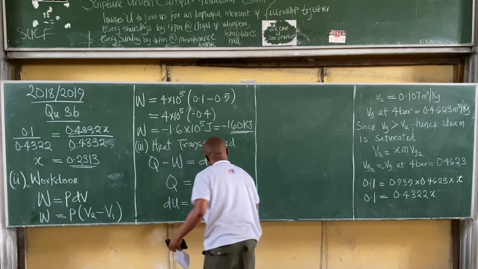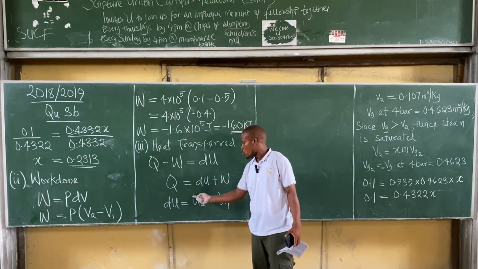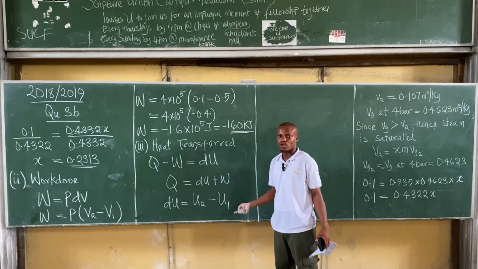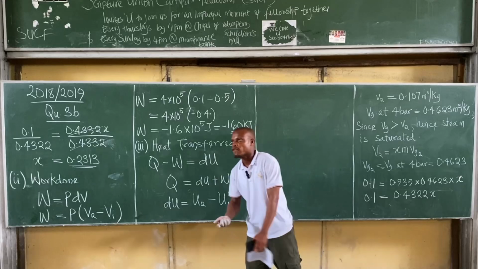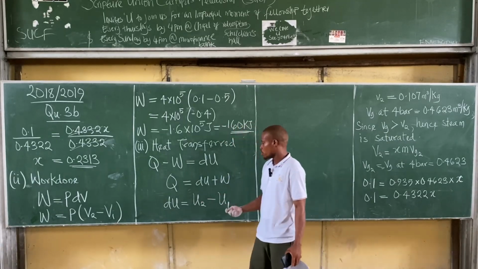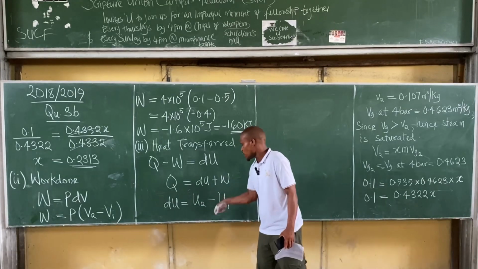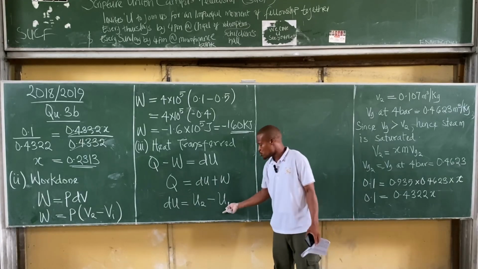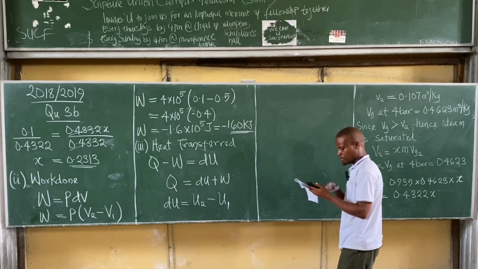So let's get that now. For the final condition, what is our internal energy? And for the initial condition, what is our internal energy? We know that for our final condition, we have a saturated steam, right? So we calculate U2 using our saturated steam table. And for the initial condition, which we had as a superheated steam, we calculate U1 using our superheated steam table. So let's go.